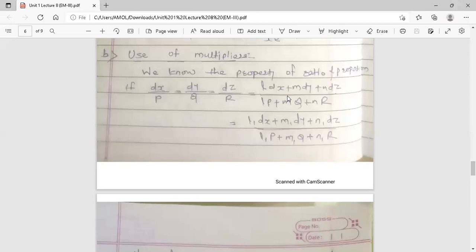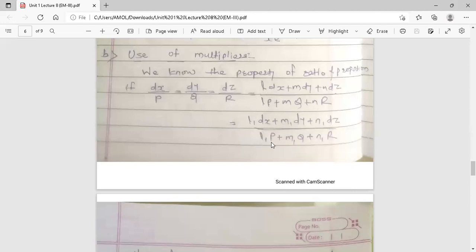L, M, N is the first set of multipliers: after multiplying P by L, Q by M, and R by N, if we add all the terms, Lp plus Mq plus Nr, and it is equal to 0, then L, M, N is the first set of multipliers. We multiply P, Q, R by L, M, N respectively, so we multiply the numerator also by L, M, N, so that we get the term L dx plus M dy plus N dz.